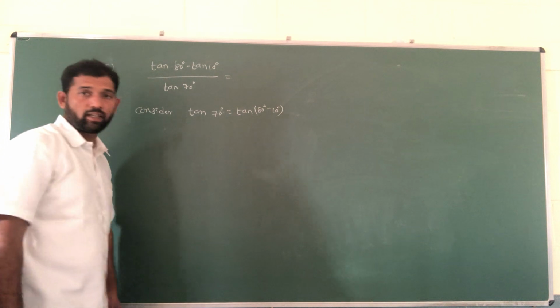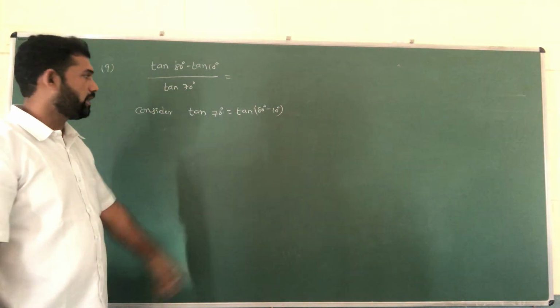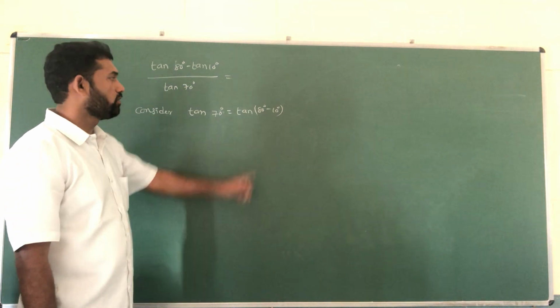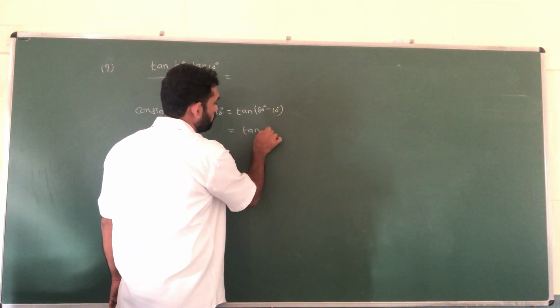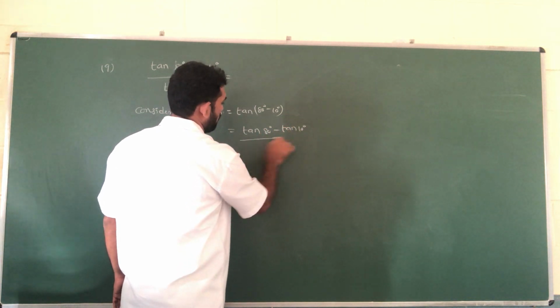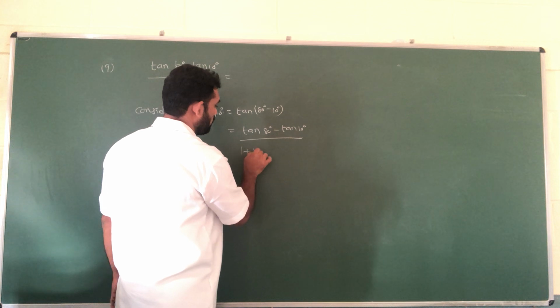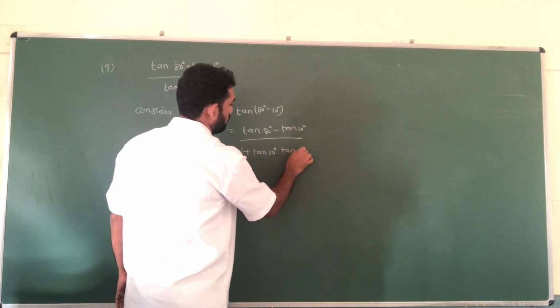So you consider this value tan 70. Tan 70 can be written as tan(80 minus 10). So you apply the tan(A minus B) formula: tan 80 minus tan 10 degrees divided by 1 plus tan 80 tan 10 degrees.